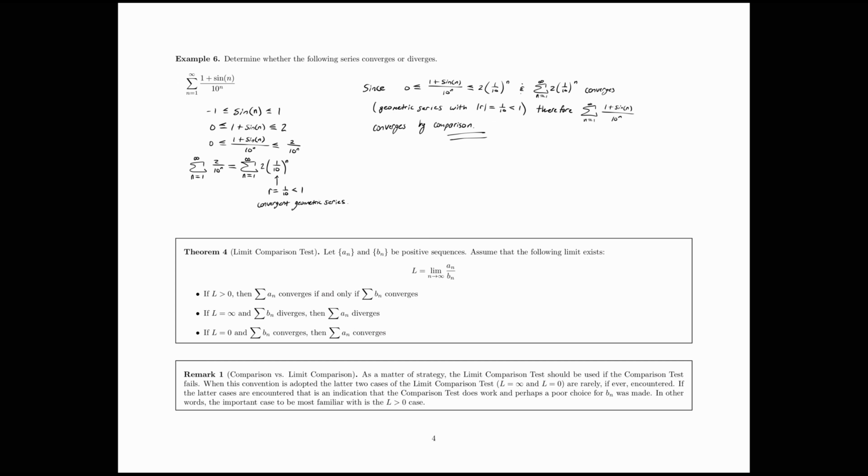There are some times when you come up with an inequality, and that inequality is in the incorrect direction. What I mean by this is, let's say you have the series of n equals 1 to infinity of n plus 4 over n to the fifth.